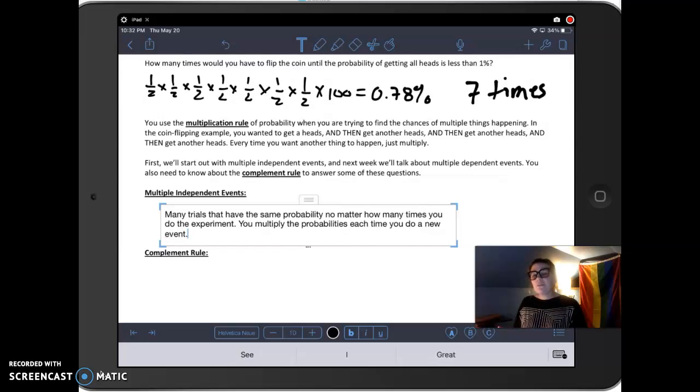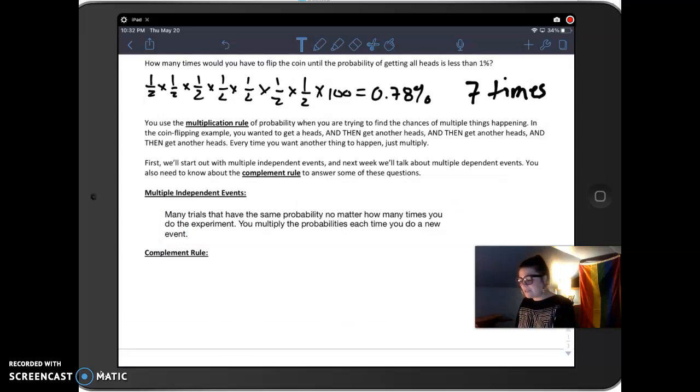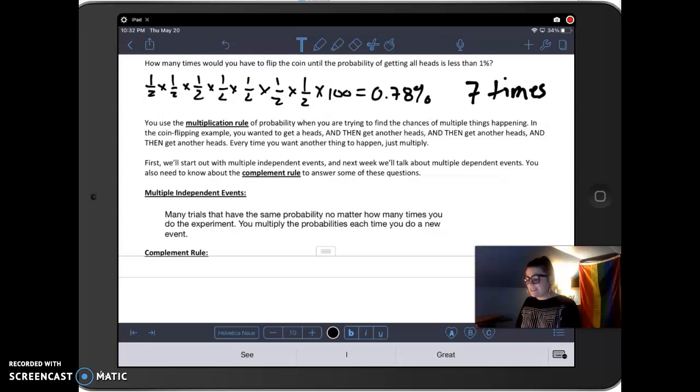All right, so here's something you're going to need to know. I will explain more when we do the next example, but I think it's important that we go over it a little bit here. So the next thing we're going to talk about is the complement rule. Now it's not a compliment as in, I'm going to give you a compliment.